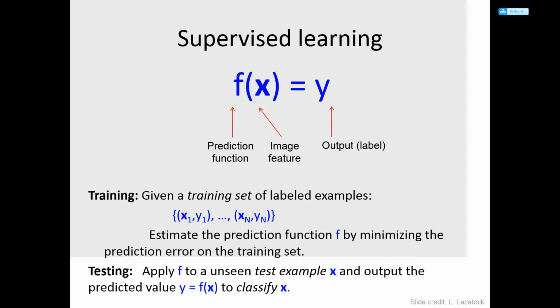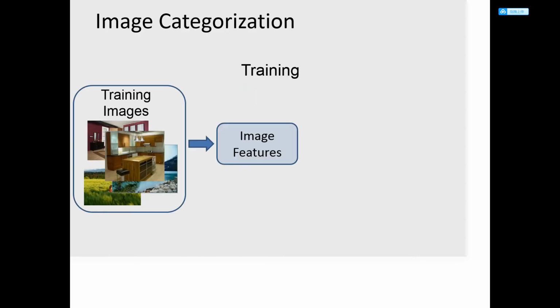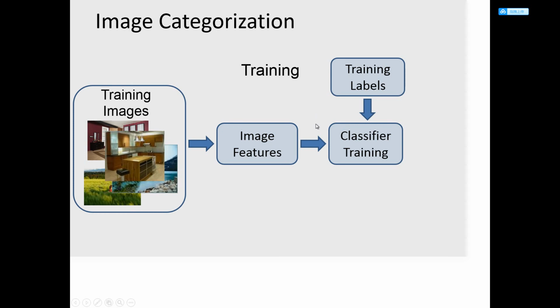So I have some input, which can be X, the original image. For the last decade it changed a lot, but before that, most of the time you start with an image and try to extract some features. From these features, you use some kind of classifier, like, say, a support vector machine in the last generation. And you have the training labels there, and then you train the classifier.